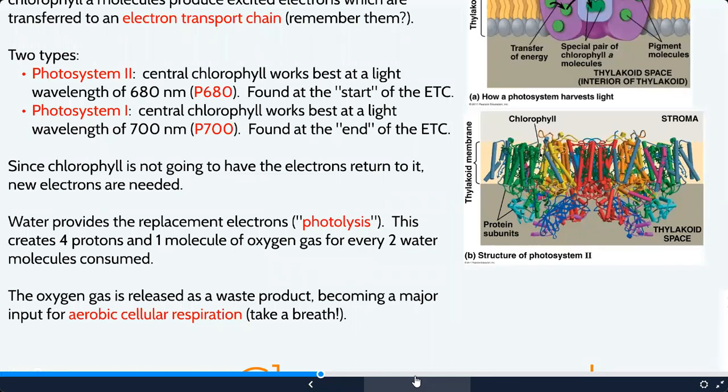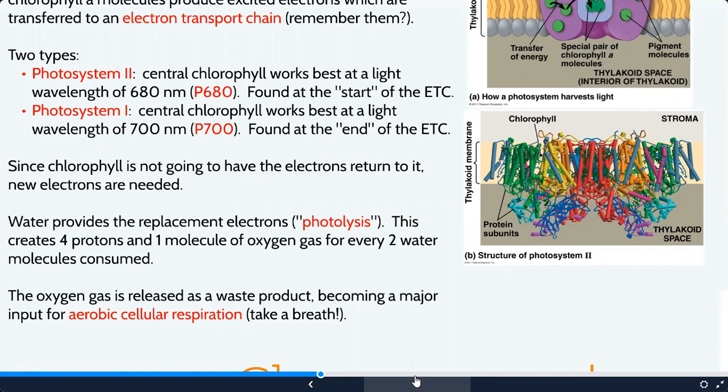Now, the chlorophyll, once it's lost its electron, it has a lack. It needs to replace that electron to be chemically stable. So it gets a replacement electron through water, okay? Specifically the splitting of water, because it only has a finite amount of electrons.